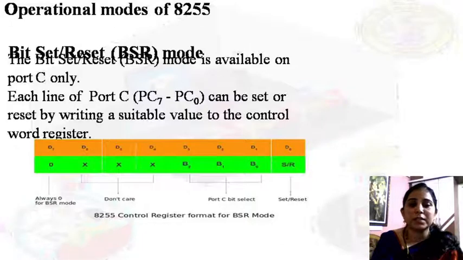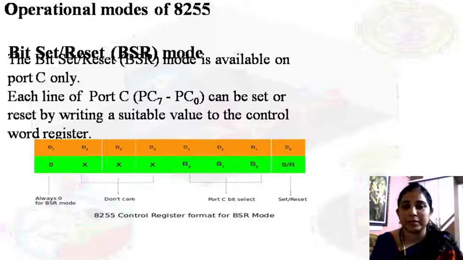So this is the control register. The control register is of 8 bits, and we have already discussed the function of the D7 bit. Let's see the D0 bit. D0 is the set or reset bit.